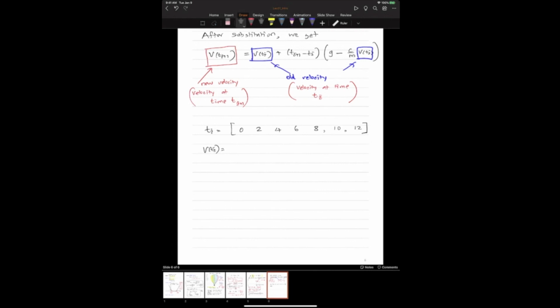I'm going to call this t0, t1, t2, t3, t4, t5, and t6. So basically we need to compute v t0 to v t6. If you call this t1, t2, t3 up to t7, that is not a crime.